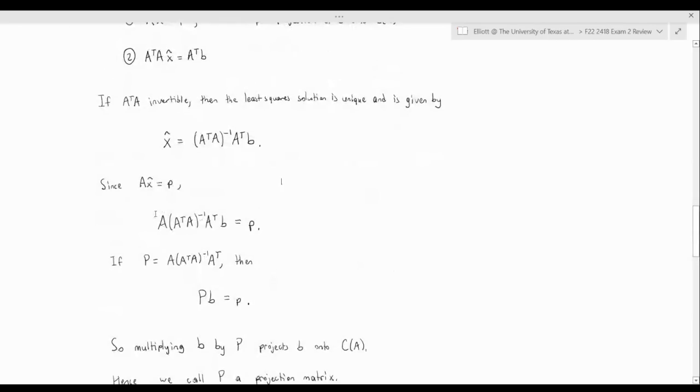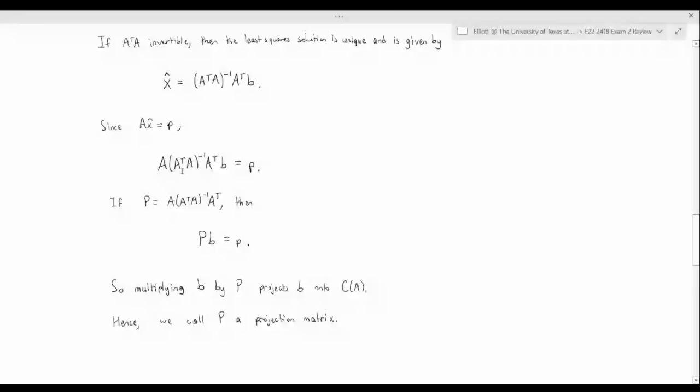And then since A times x hat is your projection vector, if I take this and I plug it into here for x hat, you get this equation now. Okay. So all this stuff will multiply with the vector b to get the projection of b onto the column space of A. And then this stuff here, if you group that all into a matrix capital P, that capital P is your projection matrix.